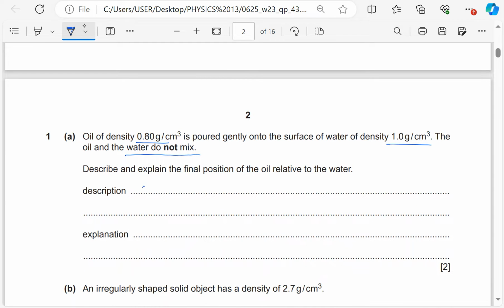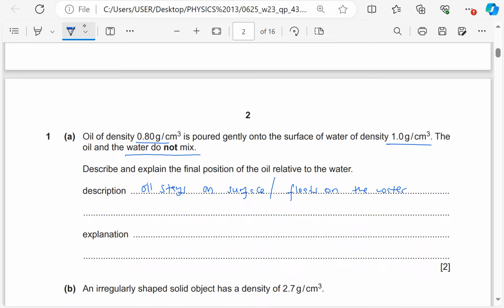So I'll say oil stays on the surface. Oil stays on the surface, or you could simply say it floats. The oil floats on the water. The reason is because it is less dense.